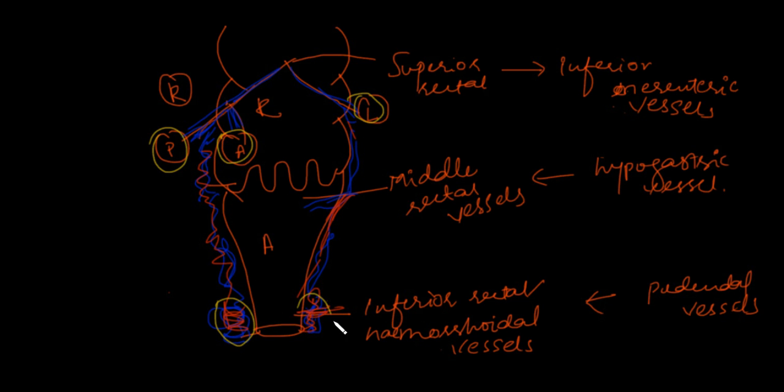External hemorrhoids are not true hemorrhoids, and there is no specific location for external hemorrhoids. External hemorrhoids are basically secondary to internal hemorrhoids, when the pressure on the internal hemorrhoid is so much that it causes venous congestion of this plexus, and in the end the inferior hemorrhoidal vessels become congested and bulge out of the anus to form external hemorrhoids.